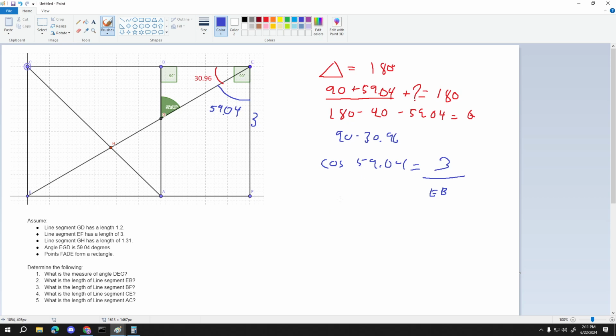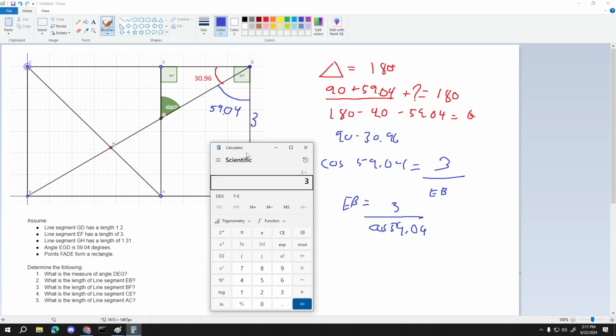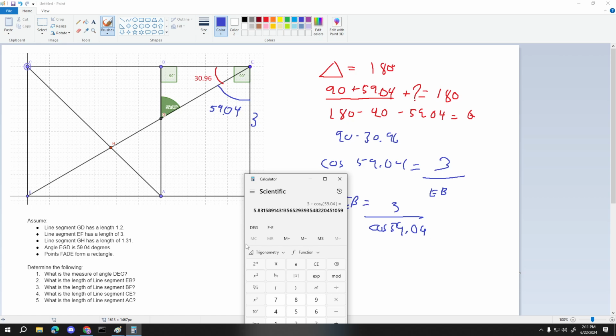We are left with EB is equal to 3 divided by cosine 59.04. So we bring this out, 3 divided by cosine 59.04. We have 5.83.